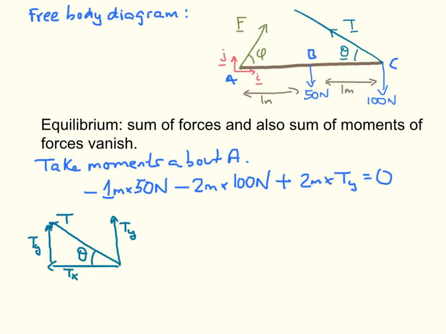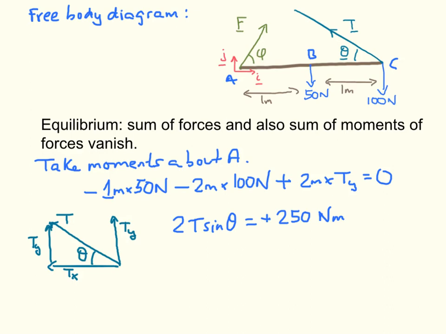So we have 2 T sine theta is equal to, and now we've taken these to the other side, it's minus 50 newton meters minus 200 newton meters, so it's minus, but now we've taken it over to the other side, it becomes positive, so it's plus 250 newton meters.